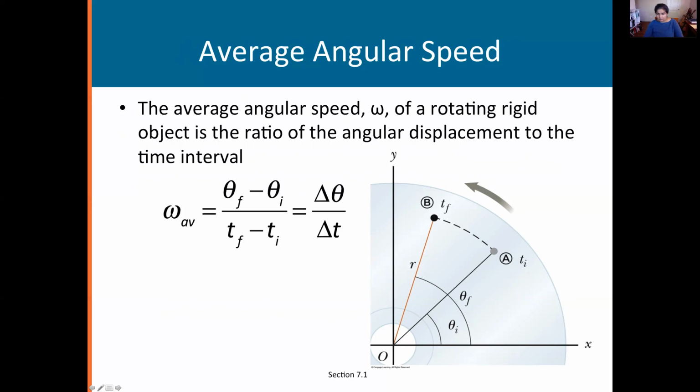Compared to this point here, which is closer to the axis of rotation, they have to do that in the same amount of time because the angular change is the same in the given time, because it's a rigid body. So that means the linear velocity here, distance divided by time, must be faster than here. And here it must be faster than when you come closer in towards the axis of rotation, because this is a shorter distance still to be covered in the same time.